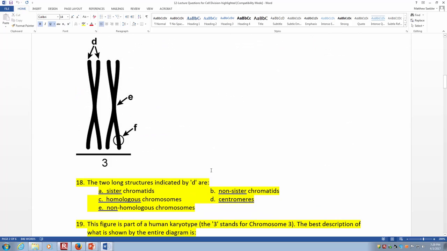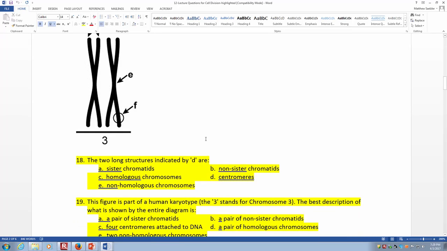Okay, this is showing you the two chromosome number 3s from a particular organism. So in this picture, if you were given this picture in an exam, the structures indicated by D are what? Right, A, sister chromatids.